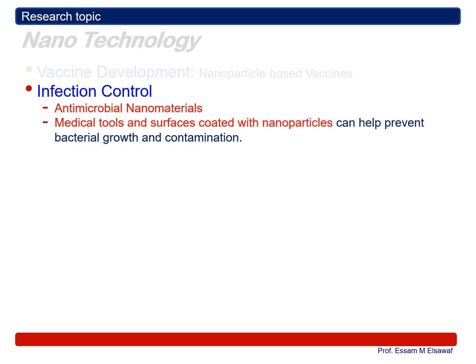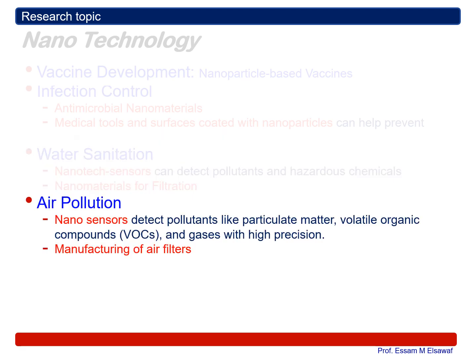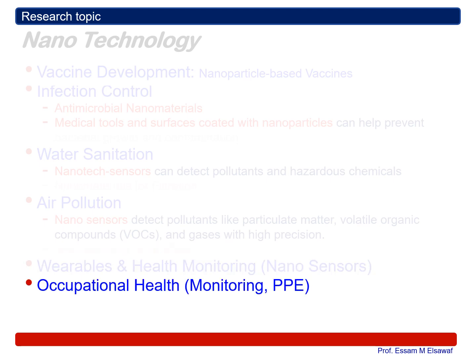Same theory in water sanitation, by nanotech sensors or nanomaterials for filtration. Same in air pollution, as nanosensors to detect pollutants like particulate matter and volatile compounds, and manufacturing of air filters like water filters. And wearable and health monitoring, which we call nanosensors, and occupational health monitoring, PPE, personal protective equipment.